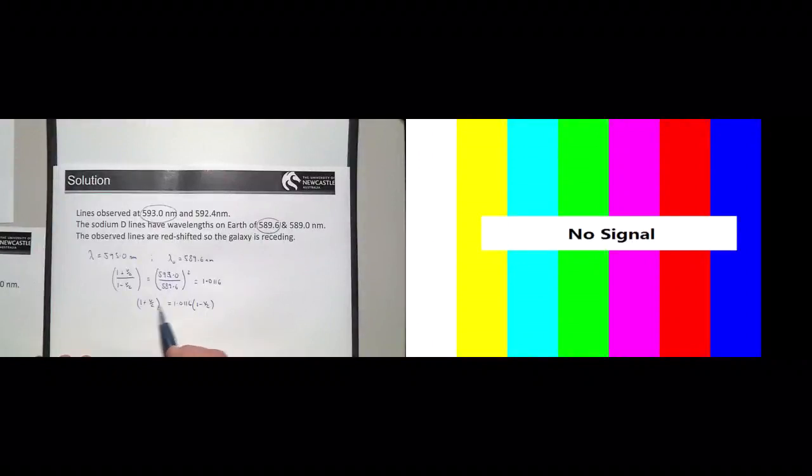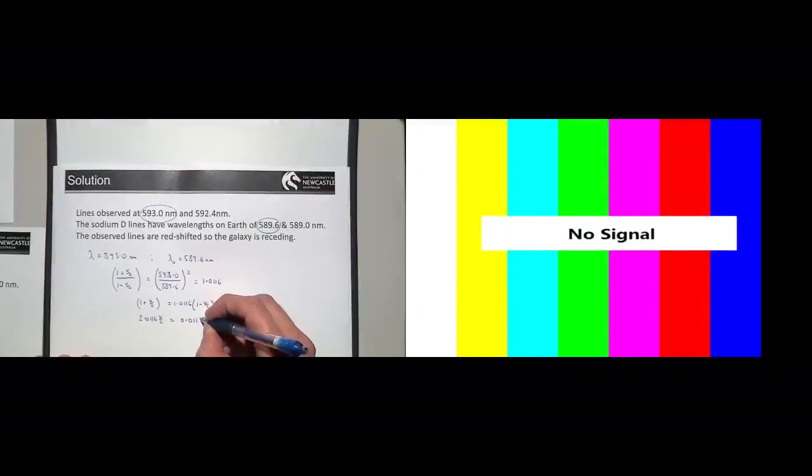And now we want to rearrange our equation and put all the terms in v over c on one side. That'll give us 2.0116 times v over c is equal to 0.0116.